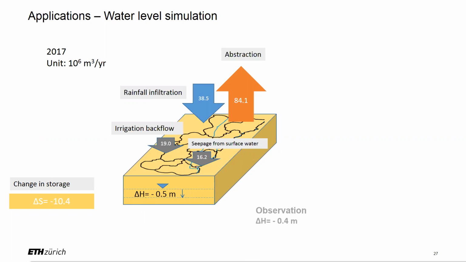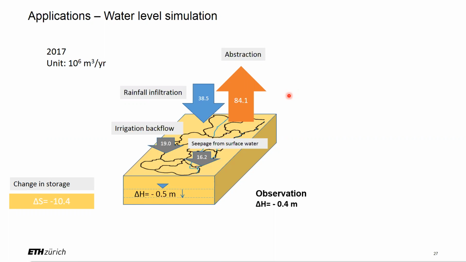Compared to the observed value, it is quite close and the accuracy is acceptable. So this year can be used as a typical dry year to analyze in the future.